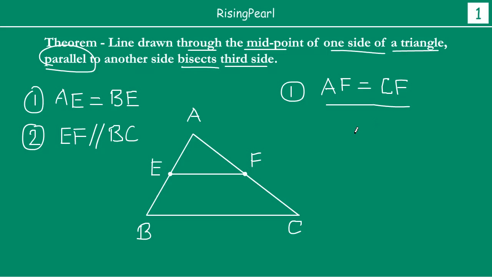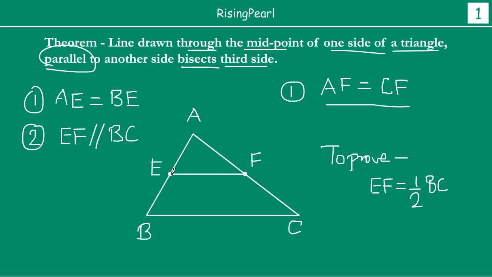Now there's one very quick thing that I think we did not talk about in the last episode: the name of the last theorem. The last theorem was very important because in that theorem E and F were given as midpoints, and we had to prove that EF is equal to half BC.